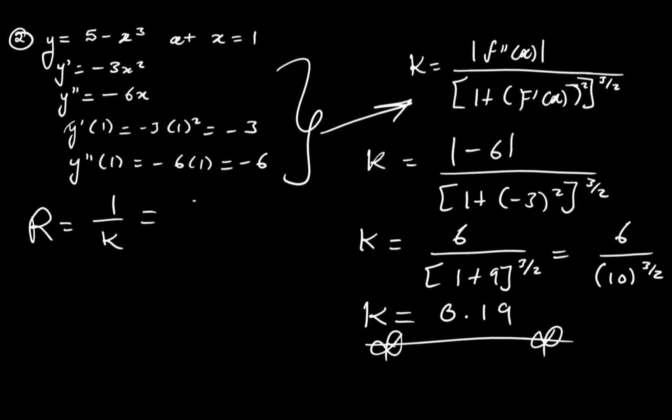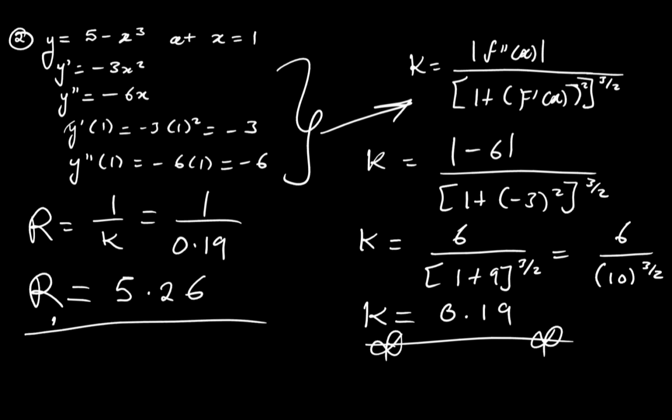This will be 1 over 0.19, and our radius of curvature will be 5.26. Be mindful that all my answers are rounded off to 2 decimal places, so do not get confused.